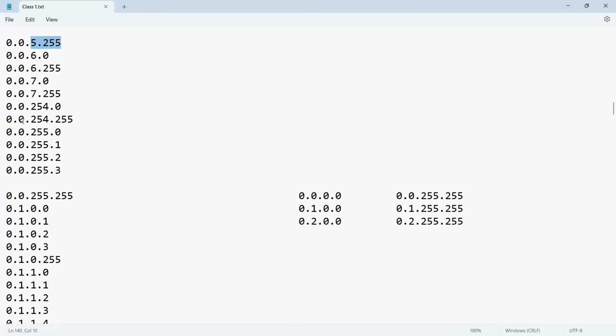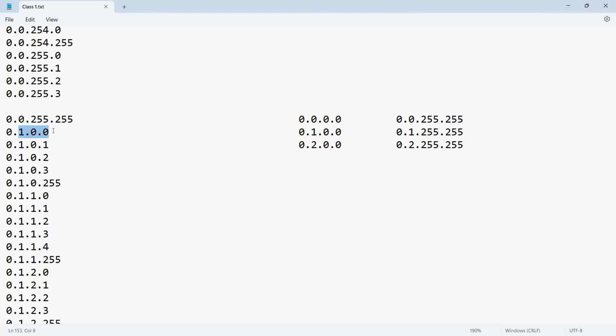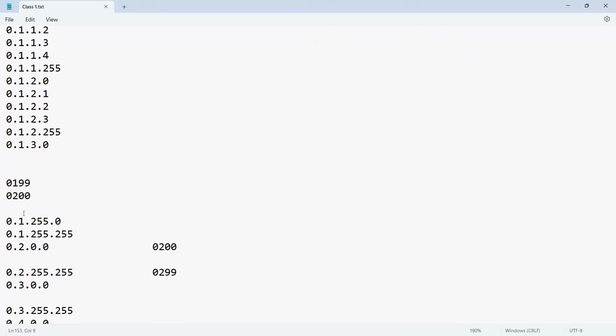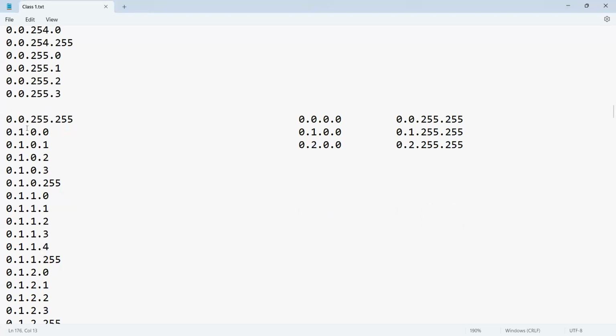And somewhere you'll have 0.0.255.0, 255.1, 255.2, up to 255.255. Now both these octets are filled. What happens? They cycle back to zeros again, and this zero now changes to 1. So whatever cycle repeated from 0.0.0.0 to 0.0.255.255, the same cycle repeats again from 0.1.0.0 to 0.1.255.255.